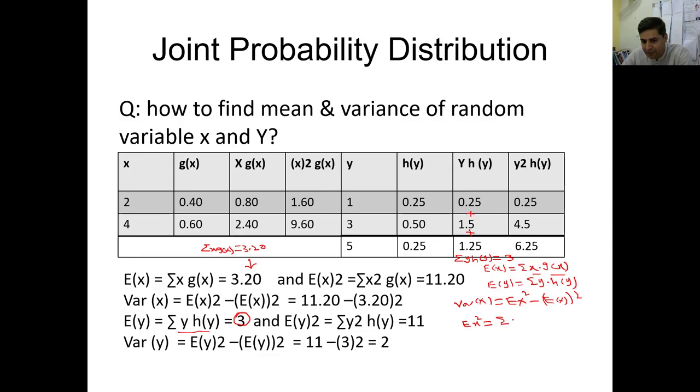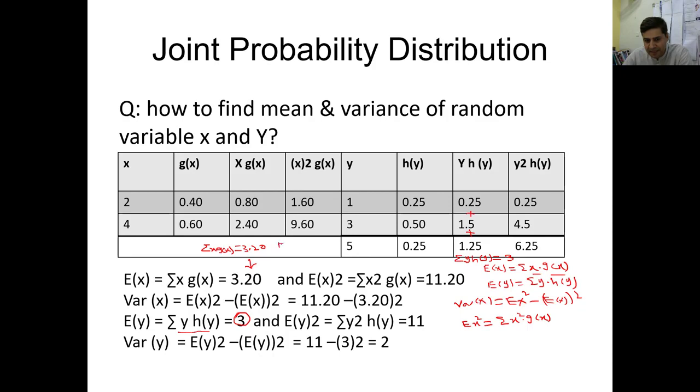We know that this is equal to summation x square into g(x). So in this column we take x square: 2 squared is 4, and 4 multiplied by 0.40 gives 1.60. Now you need to take the square of 4, so 4 fours are 16. 16 multiplied by 0.60 gives 9.60.